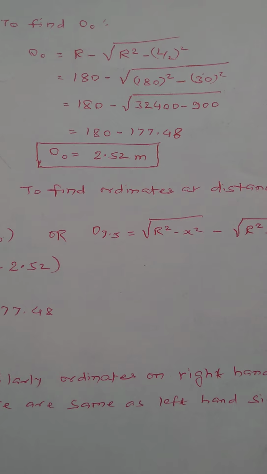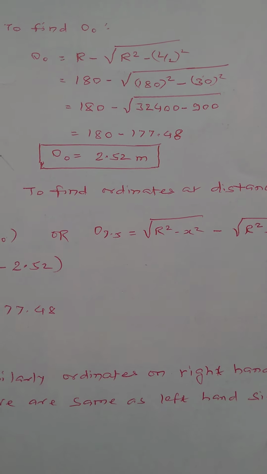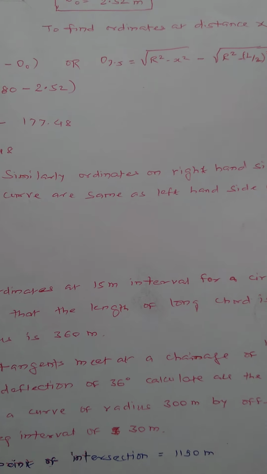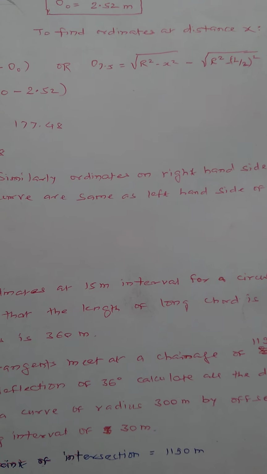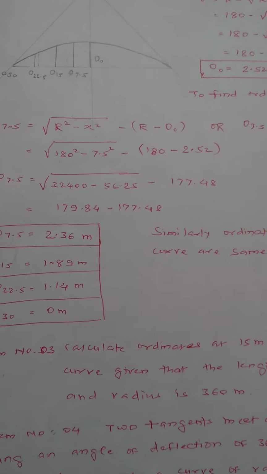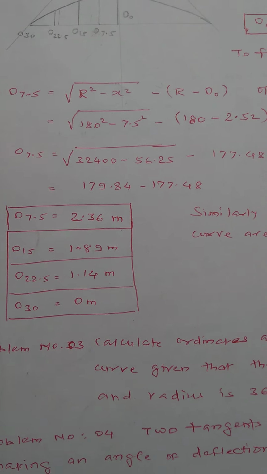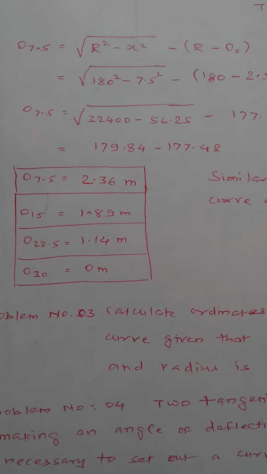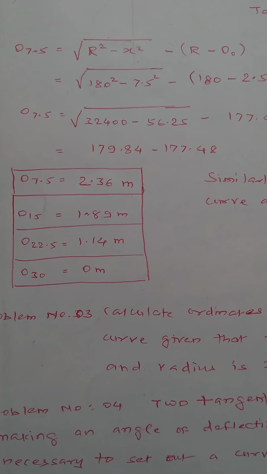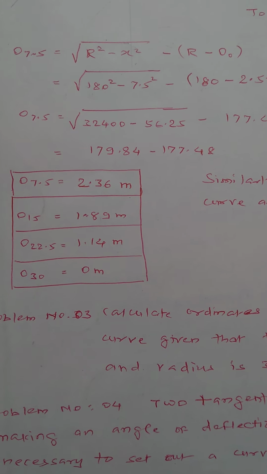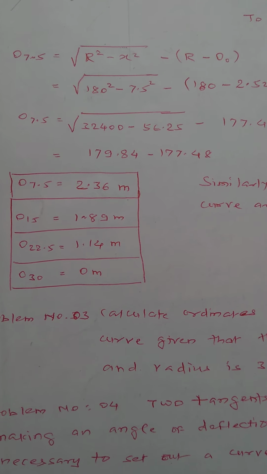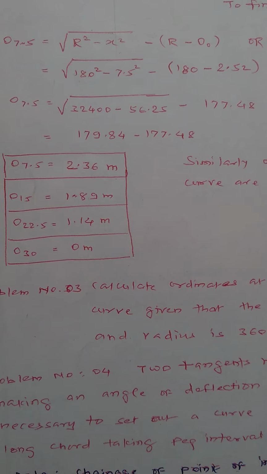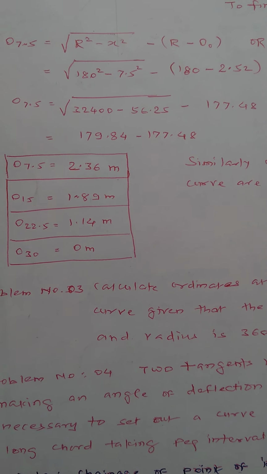Now we will calculate the other ordinates placed at a distance of 7.5 meter. To find ordinates at any distance x, use this relation. O7.5 is equal to under root of R square minus x square minus in bracket (R minus O0). Put all the values over here. In under root, R becomes 180 square.